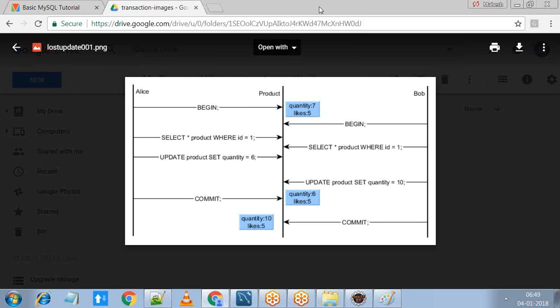So do you see an issue here? You can see even this is an example for lost update issue.